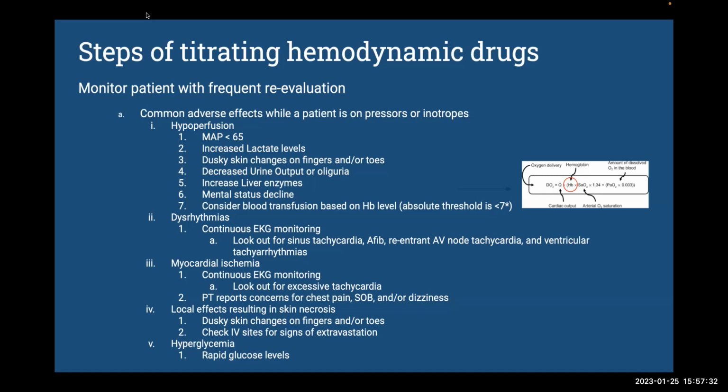These patients' hemoglobin levels will be slowly slipping down over time as they're in the ICU. Check that hemoglobin level. The absolute threshold for giving blood is a hemoglobin of 7 or less. And we should consider giving them blood in addition to those fluids to make sure we're perfusing those organs adequately.